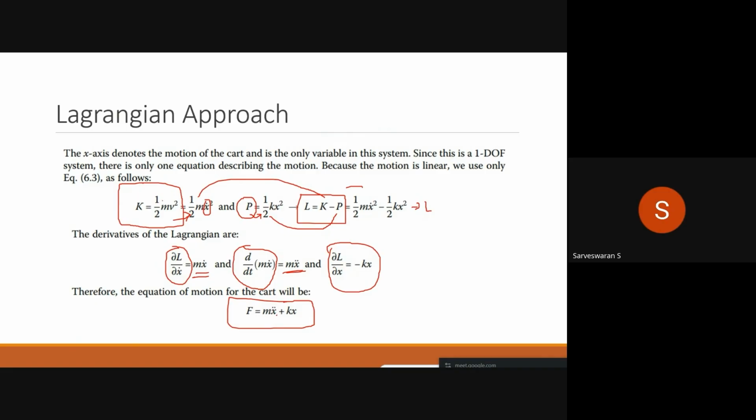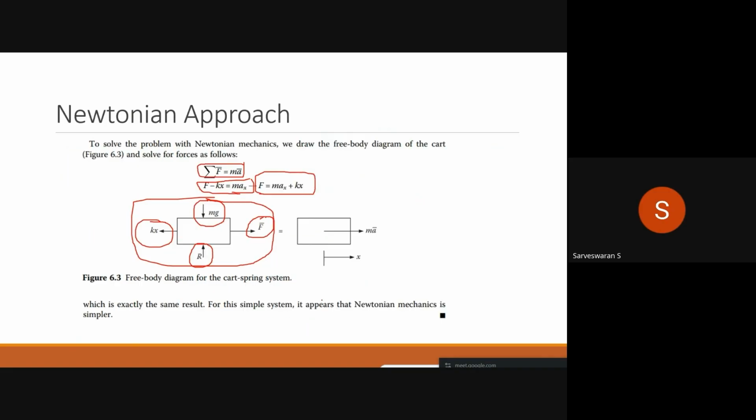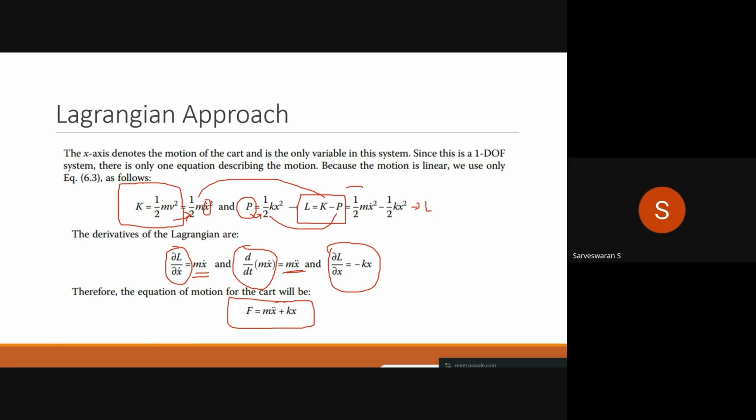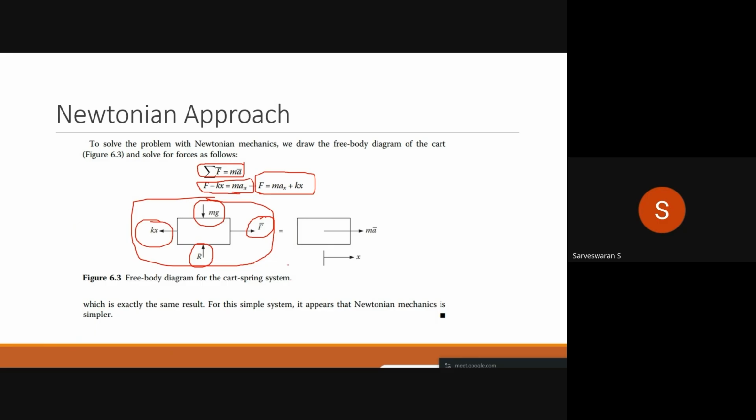So this is similar to the one we solved using Newtonian mechanics. F is equal to ma plus kx. Here a is provided by x double dot, which is change in velocity with respect to time, so mx double dot plus kx. Here also ma plus kx. So both are giving you the same result.